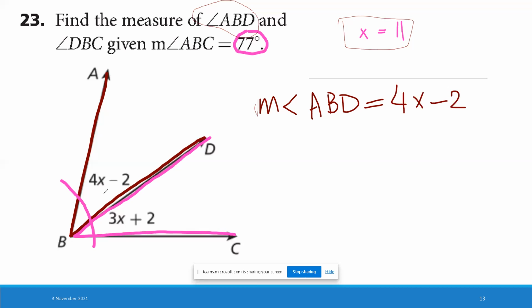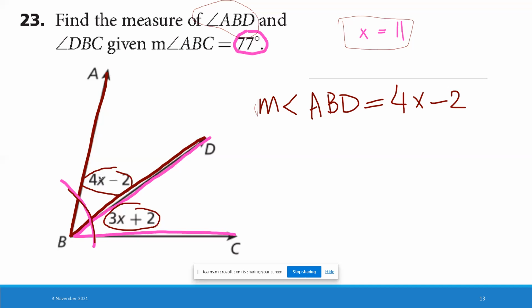I mean here, because when you add these two angles together, you get the bigger one. I did this before, and by using it we found that x is 11. Now I want you to find exactly what is the measure of ABD.